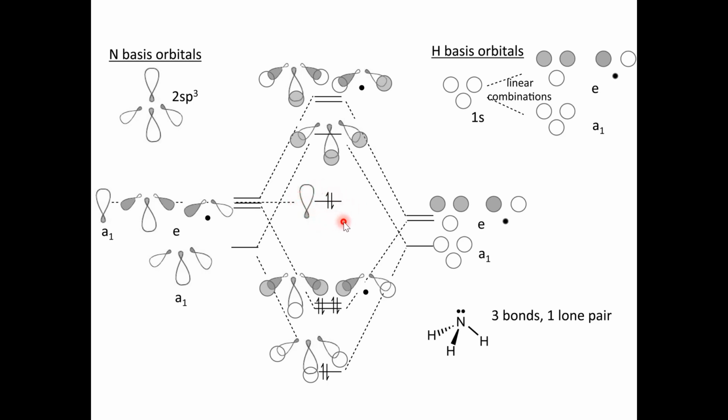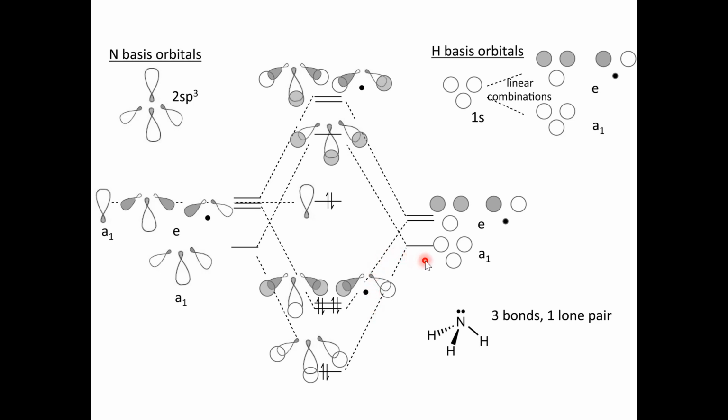So as we have anticipated, the lone pair state becomes doubly occupied. Okay, and this is the HOMO, the so-called HOMO, the highest occupied molecular orbital. And this is the electronic structure of the ammonia molecule. Okay?